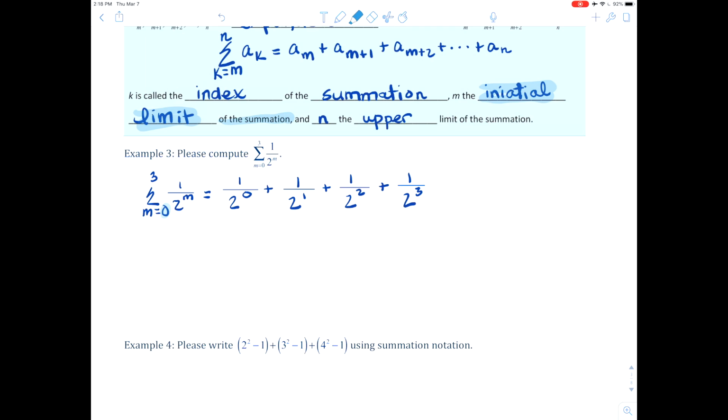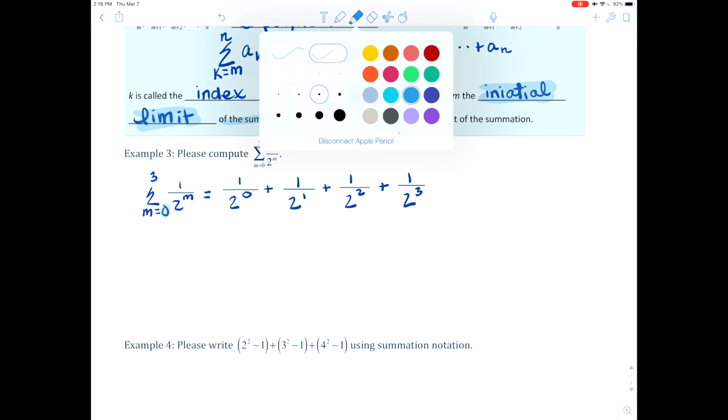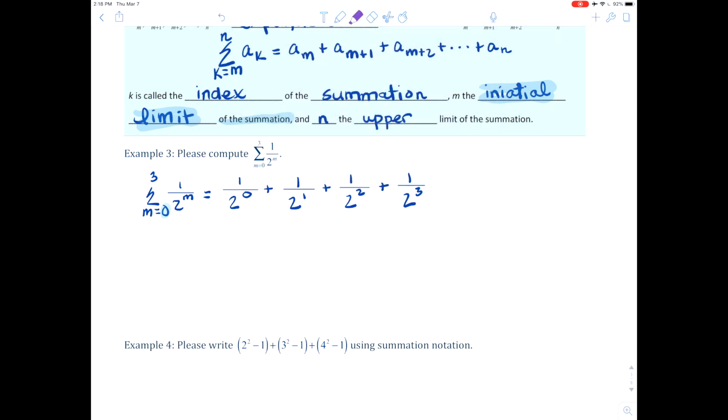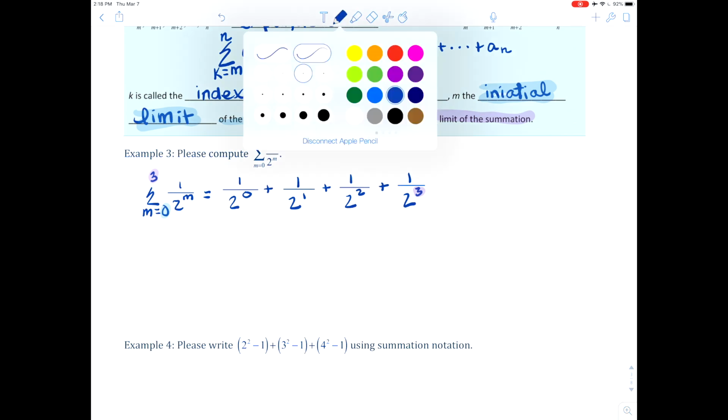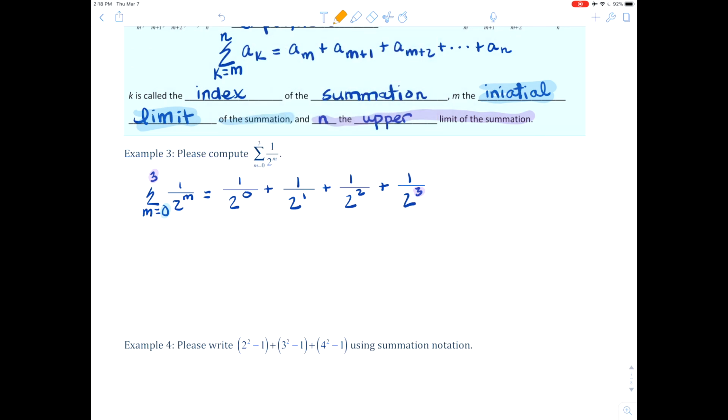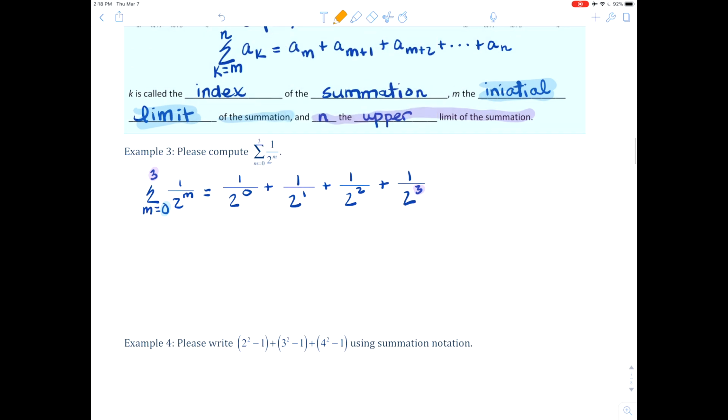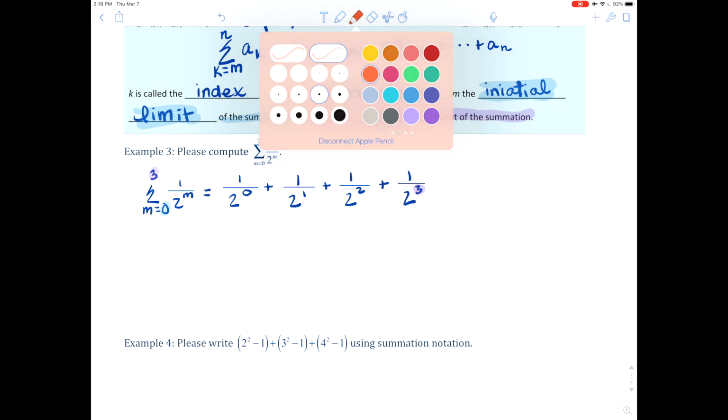And then the n was the upper limit of the summation. So 3 is that upper limit. And the index of this summation is m. Whoa, sorry. Is m.